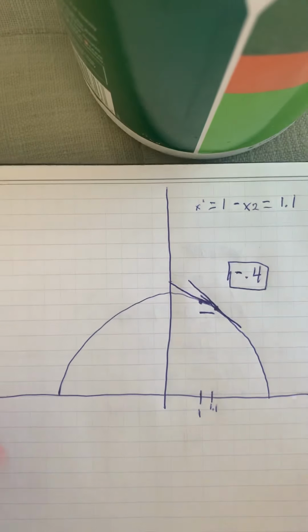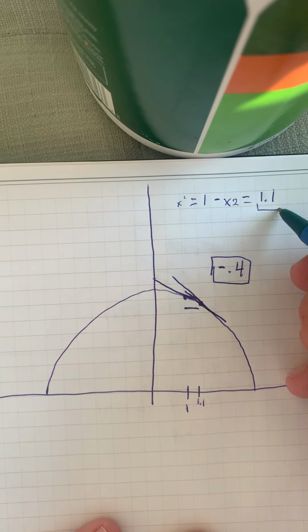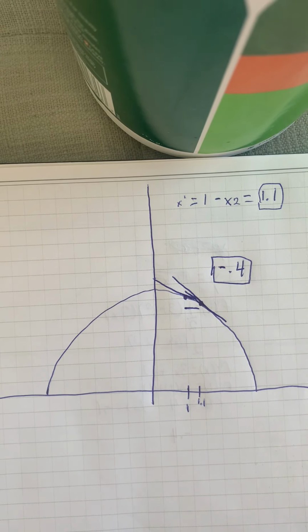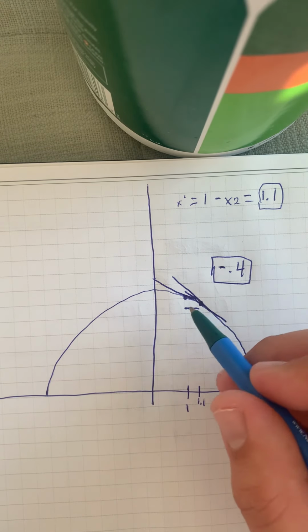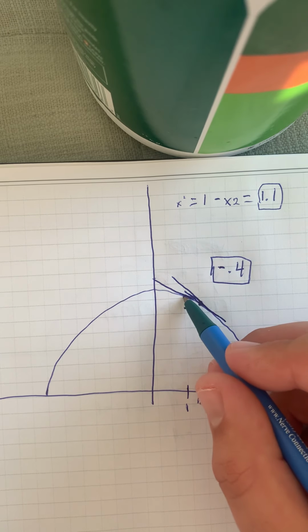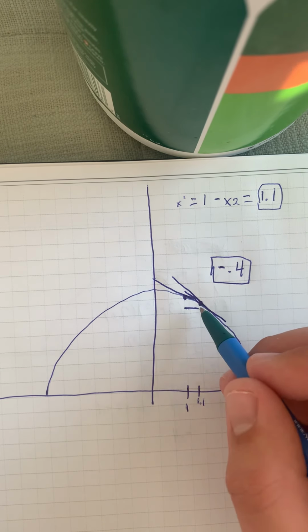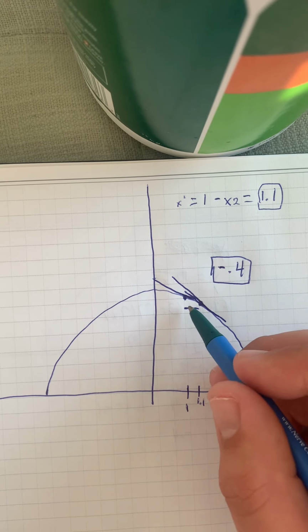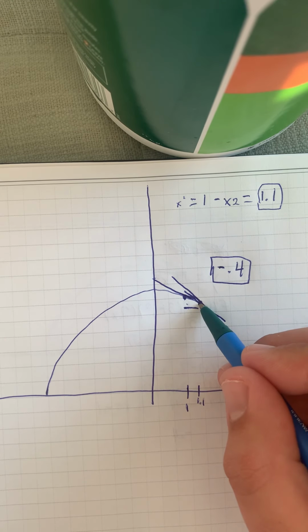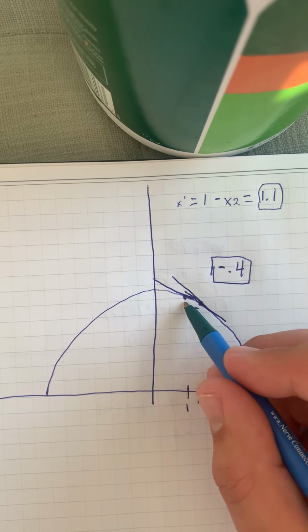back to the graph, because we did use 1.1. Here we can see that this was an overestimate, because the slope at 1.1 is steeper than the slope at 1.